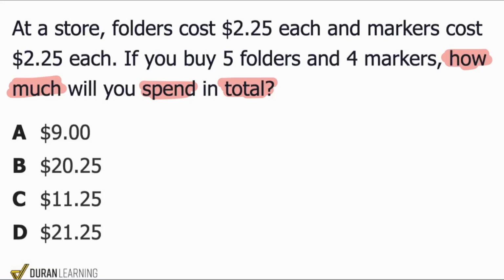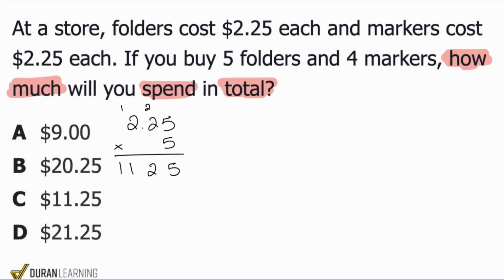5 folders. So we'll go ahead and do $2.25 multiplied by 5. And that's going to give us 25, carry the 2. Then 2 times 5 is 10, carry the 2 is 12. And then we have 2 times 5 again, which is 10, carry the 1 is 11.